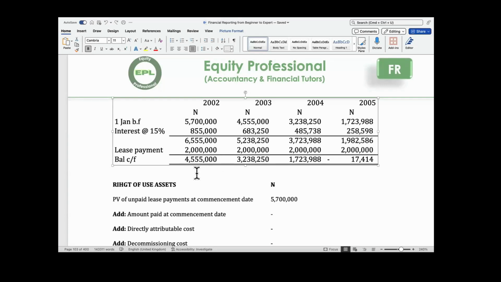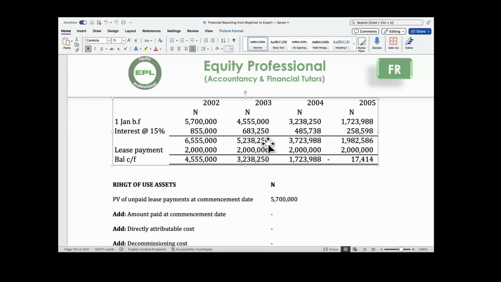Since you have already done the spreadsheet, the schedule all through the life, you can look at 2003 and see that your liability has reduced to 3.2, which means that the difference between this 4.5 and 3.2 gives you your current liability, because that is what you must pay next year. As soon as you get your current, just remove that from the 4.5 million. It gives you the non-current. And it will always be this 3.2 that will be the non-current, because that is what will remain.